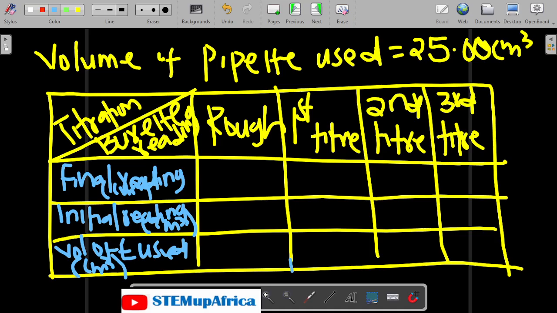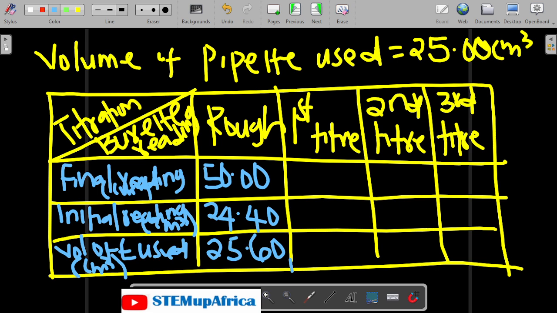So let me say I started with 50.00. Yeah, let me have 25.60. Here will give me 24.40. The rough should be higher or lower than the actual endpoint. So let's say I also started with 50.00.